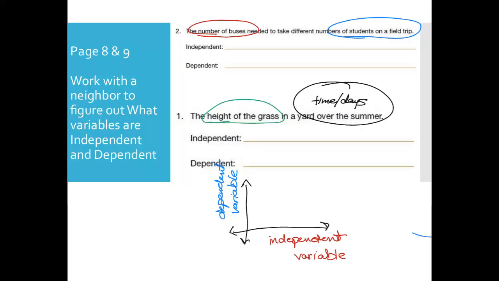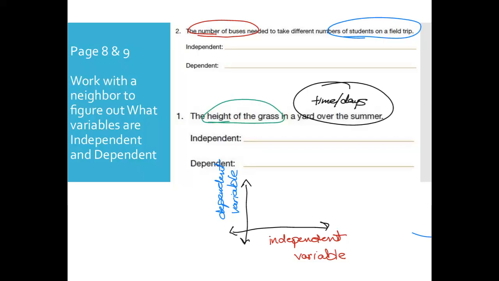So talk with your partner, your table mate, your frenemy, and see if you can figure out which one is the independent and which one is the dependent variable. All right, so you think the day determines how high the grass is going to be.